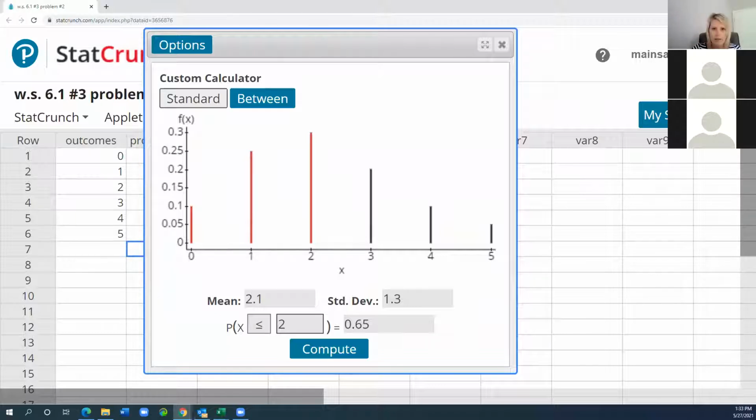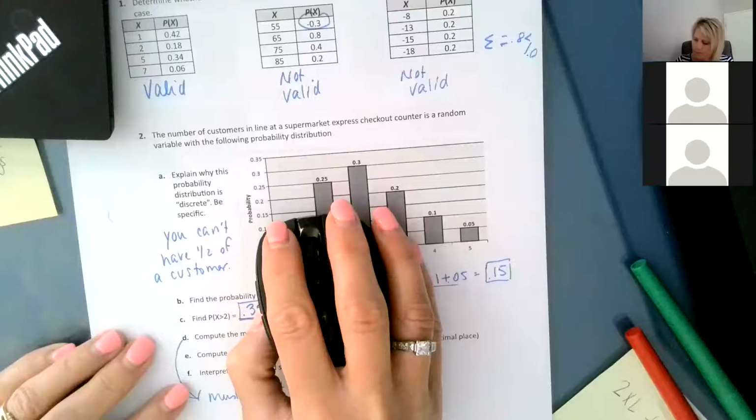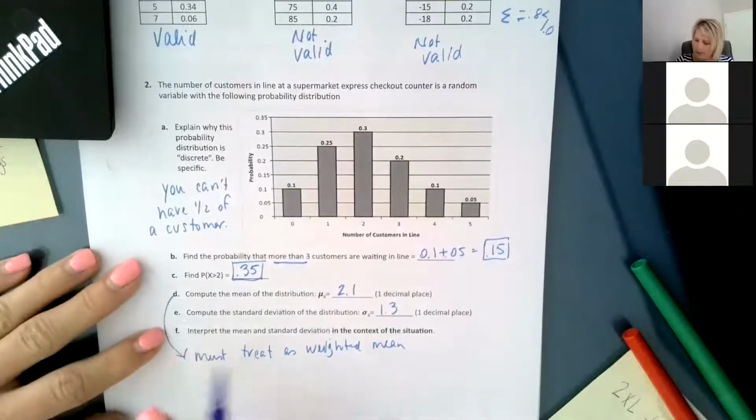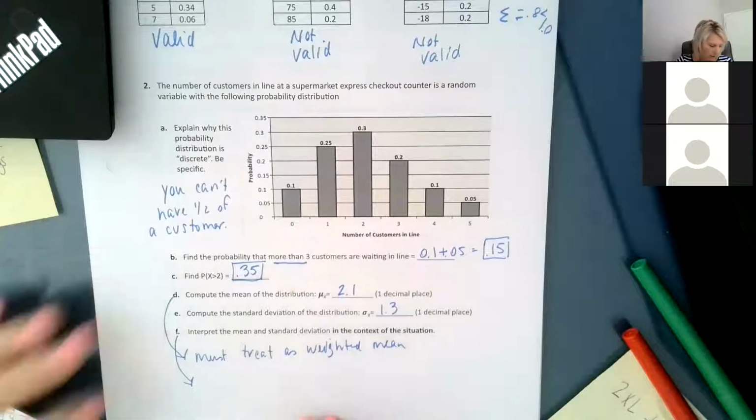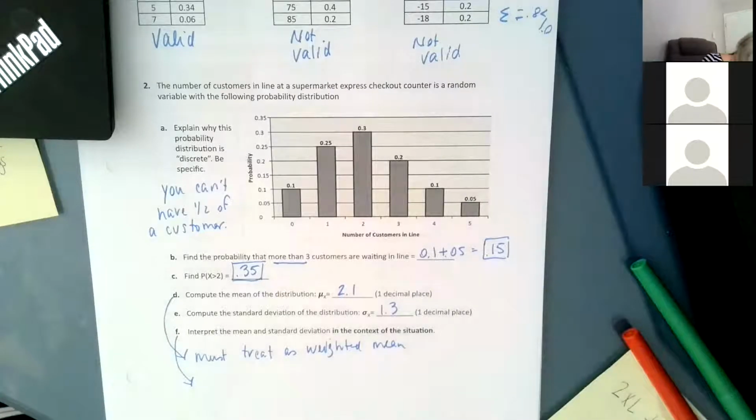So let's go back to our paper here and interpret this together. This takes us back to chapter 3, right, on our interpretation.